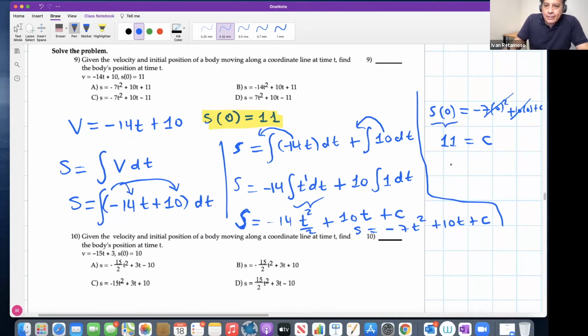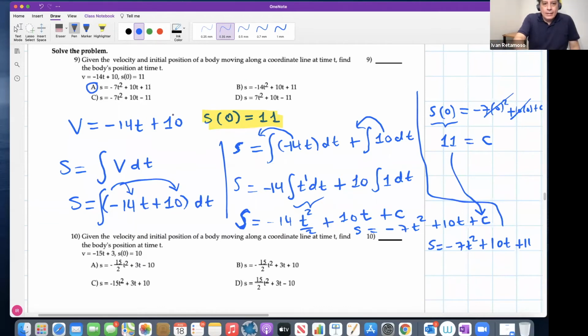Once you find the value of C, replace it into your position function, and your position function will end up being minus 7t squared plus 10t plus 11. Very good, guys. So that's for number 9. The answer, therefore, for number 9 is just this A. Very good.